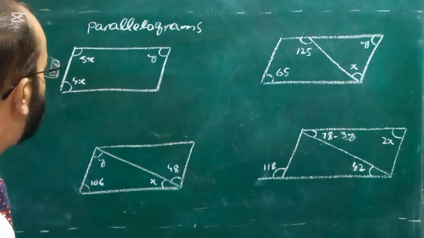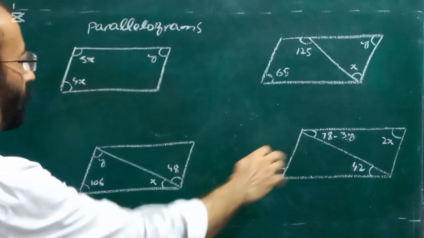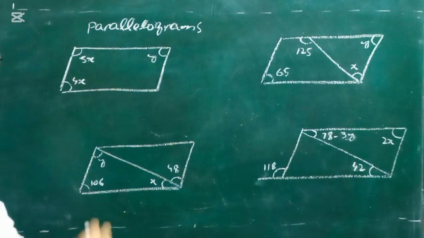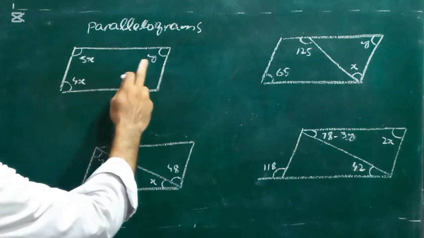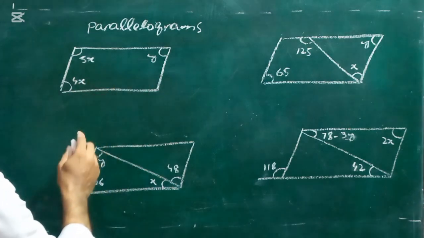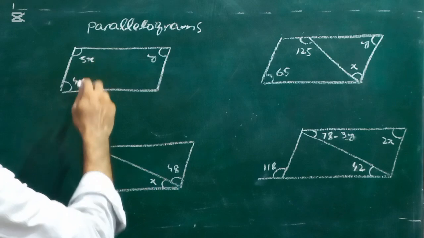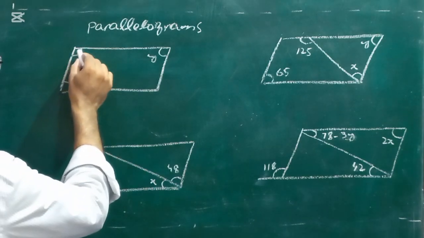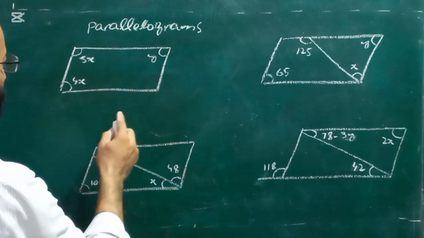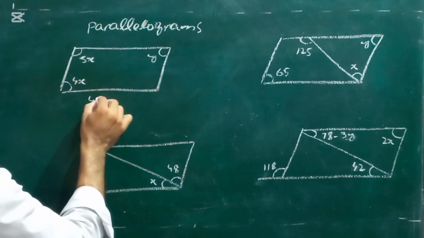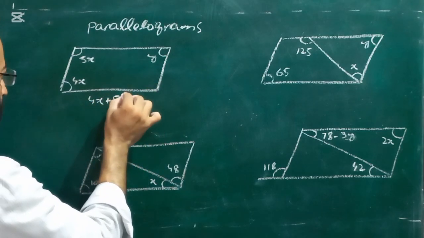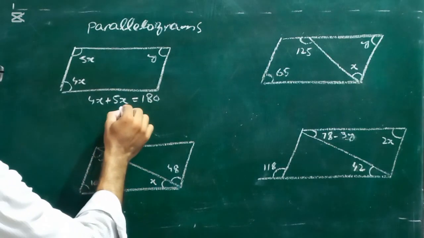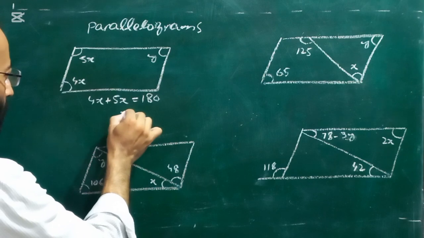Here are some questions. All these figures are parallelograms, and the requirement is to find the unknown values. In this first figure, two unknown values are given, that is x and y. Because this is a parallelogram, these two angles 5x and 4x make inner angles, because two are parallel lines. So 4x plus 5x is equal to 180 degrees. So 9x is equal to 180 degrees.